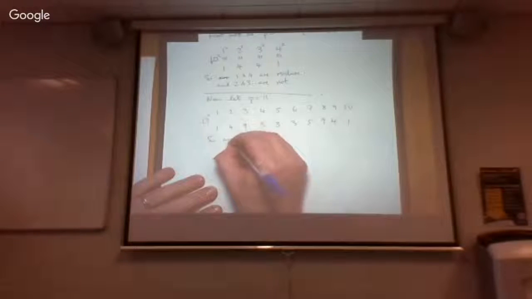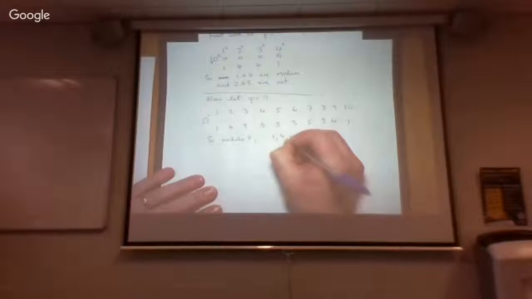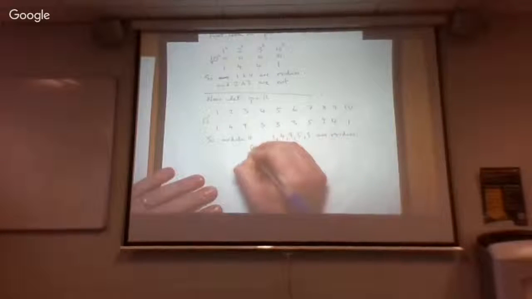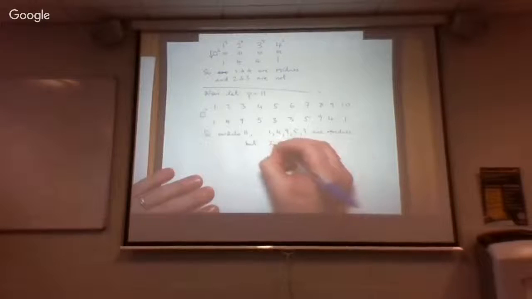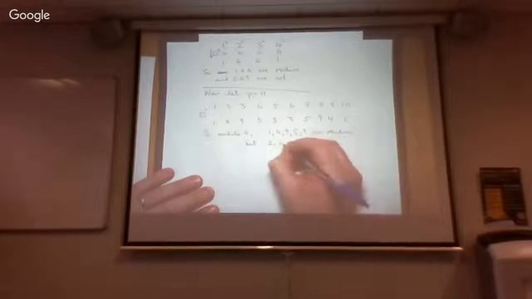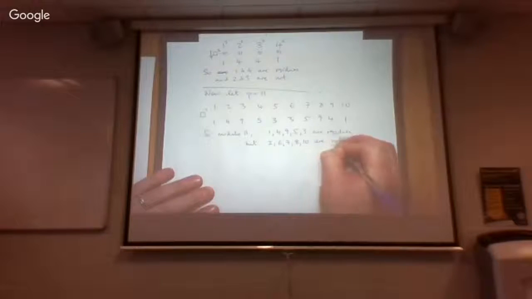So modulo 11, the residues are 1, 4, 9, 5, 3. But the other ones, the missing ones, which are 2, 6, 7, 8, and 10, are not.